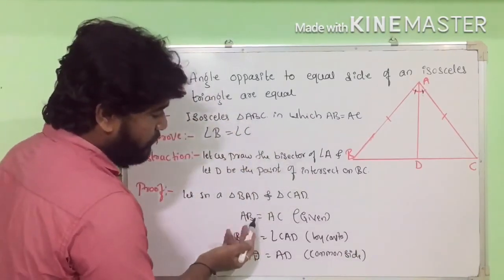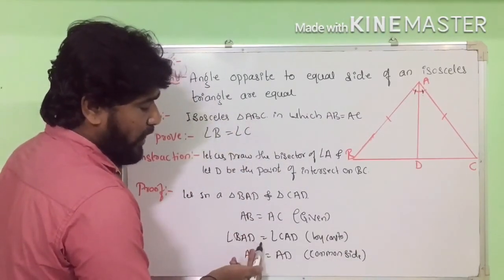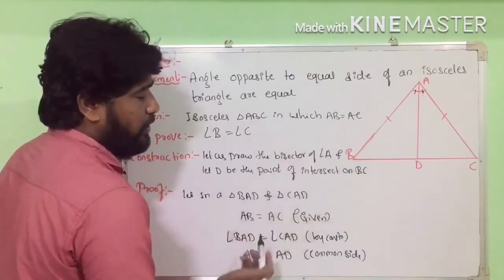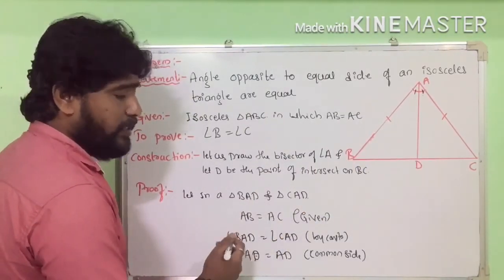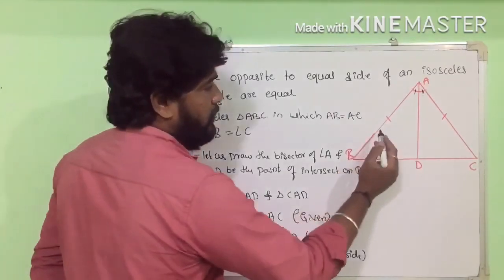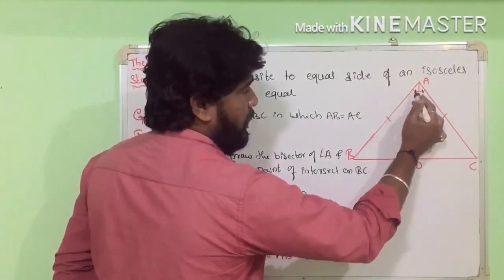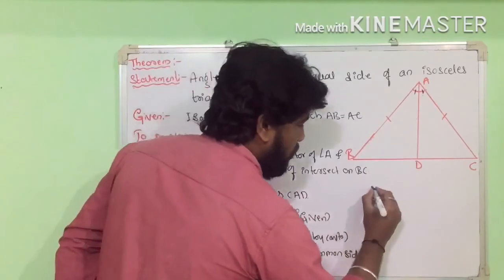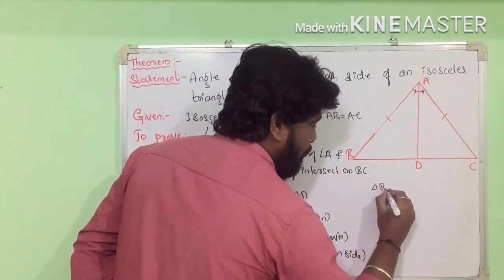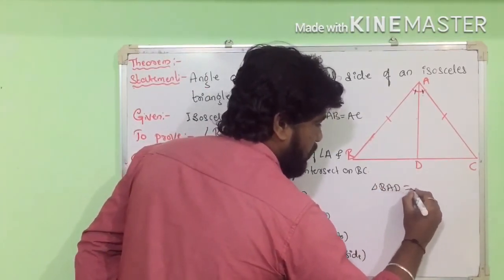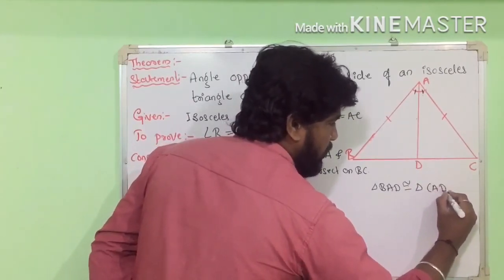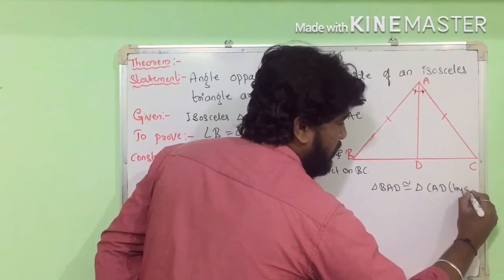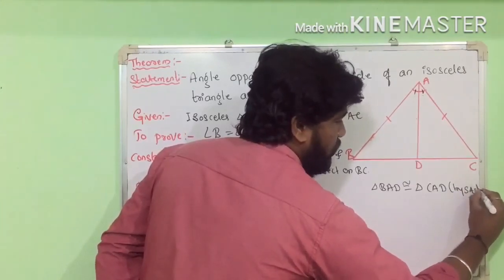So see here, two sides and one angle are equal in these two triangles. So it means the two triangles are congruent to each other by SAS, right? SAS, side angle side. The triangle BAD is congruent to the triangle CAD by SAS rule.